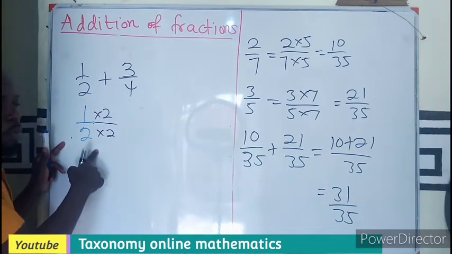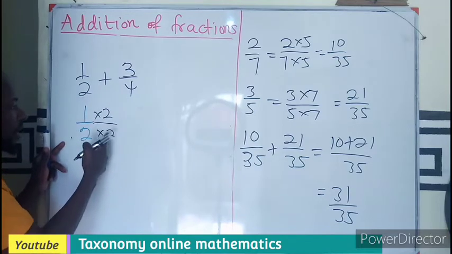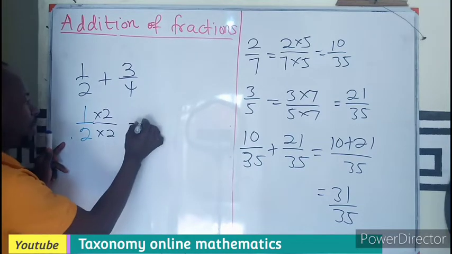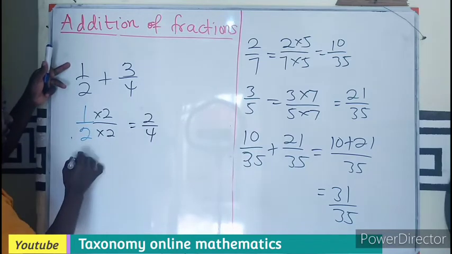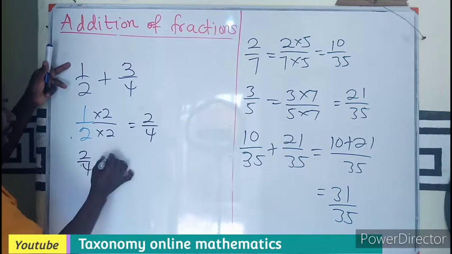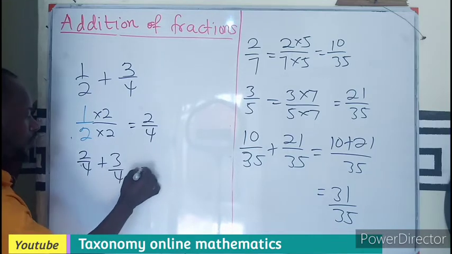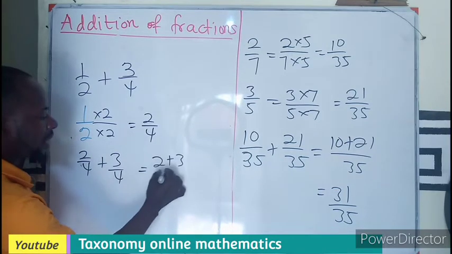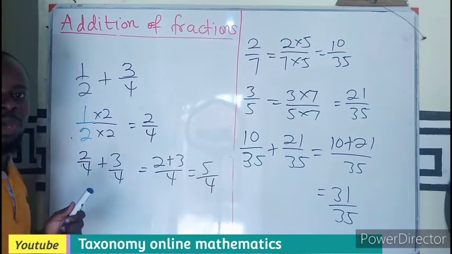This will produce the equivalent of this, because 2 over 2 will cancel. So that gives me 2 out of 4. So I'll be having 2 out of 4 plus 3 out of 4. I have the same denominator. So 2 plus 3 over 4, 5 over what? 4 will be your answer.